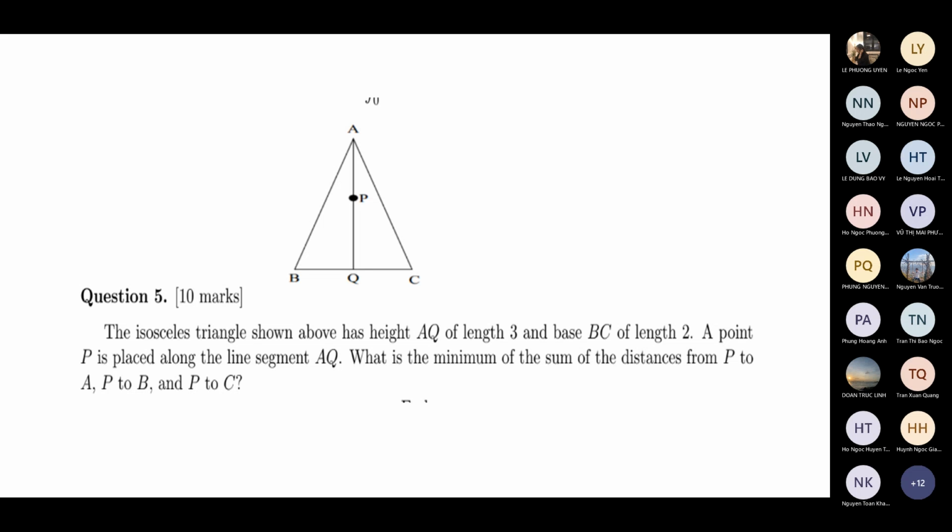All right. Have you got a solution? Any solution?